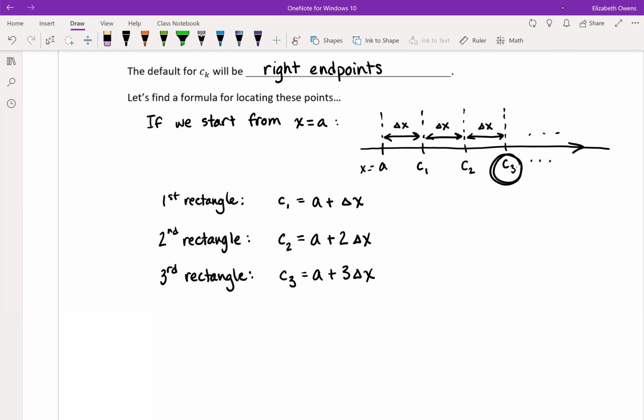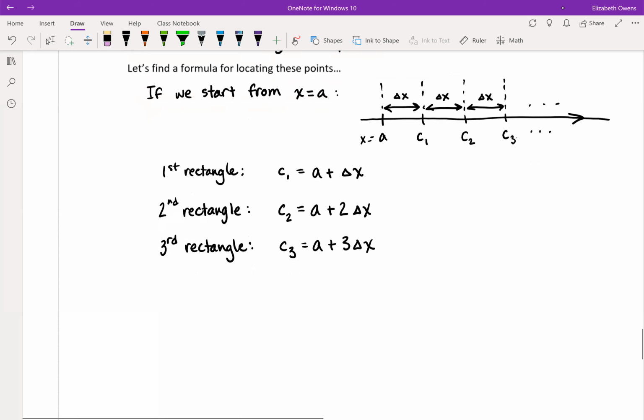All right. So what do you think C4 would be? If you look at our pattern here, C4 should be a plus 4 delta x. You take whatever rectangle you're on, and you need that many delta x's.